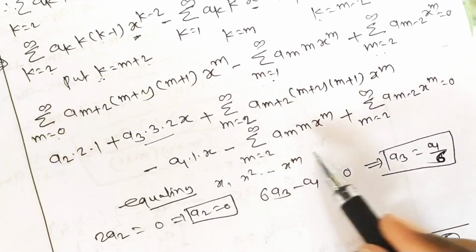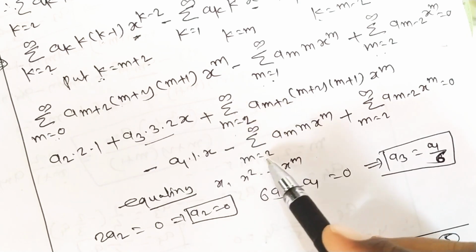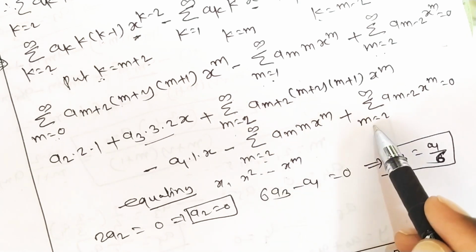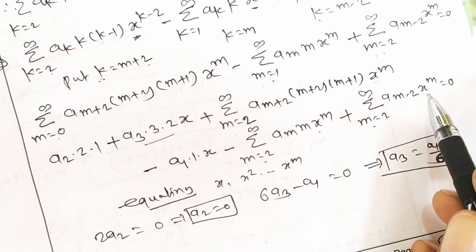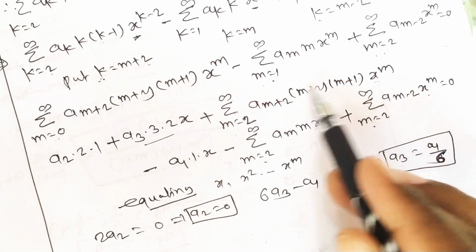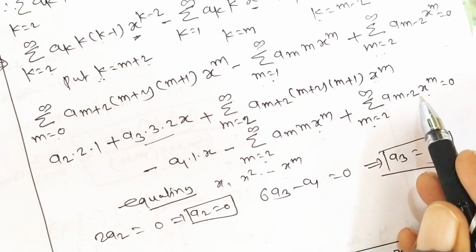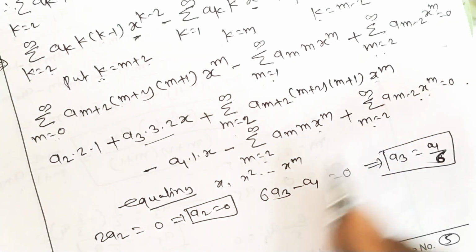Okay, and then equate the coefficient of x raised to m. Now here in this series m starts from 2, here also m starts from 2, here also m starts from 2, and in all three series x to the power m is present, we can take this common, we can combine these three series, and if we equate the coefficient of x raised to m with RHS, in RHS x raised to m is not there, so RHS is 0.